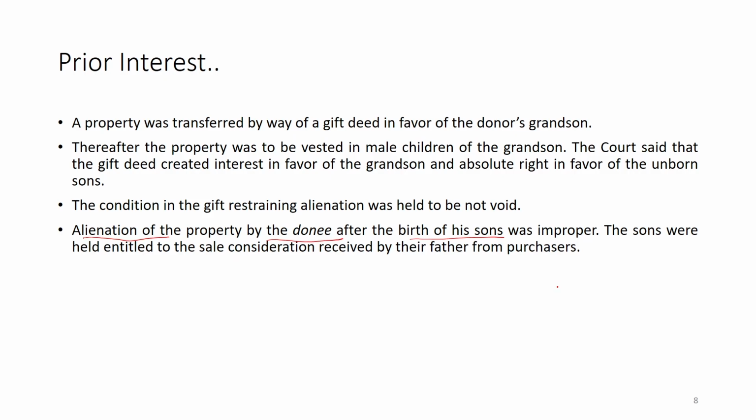The sons were held entitled to the sale consideration received by their father from the purchaser. That means if any arrangement was made that it will go to the grandson, and before that he has already transferred the property.